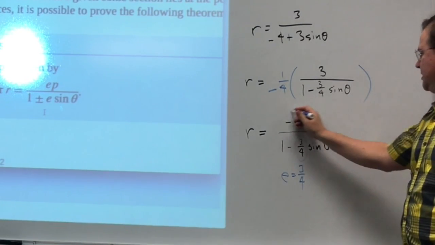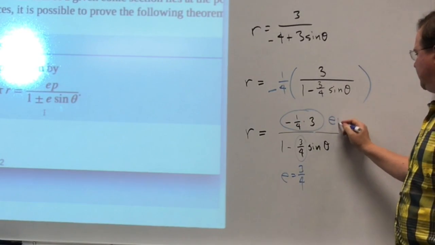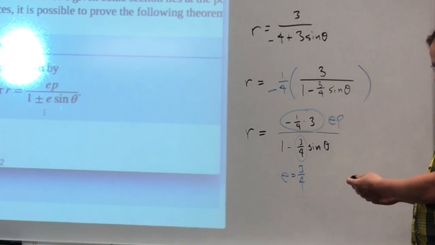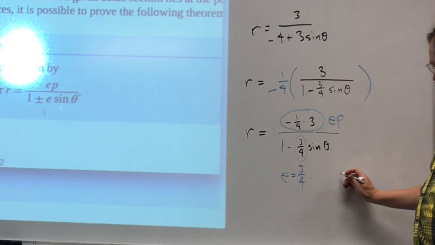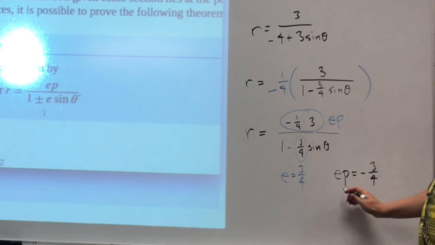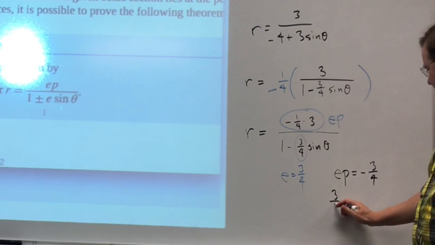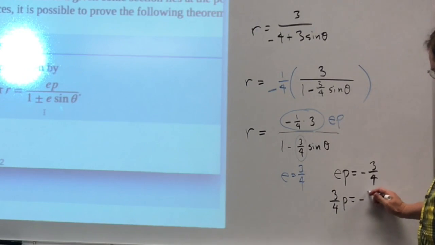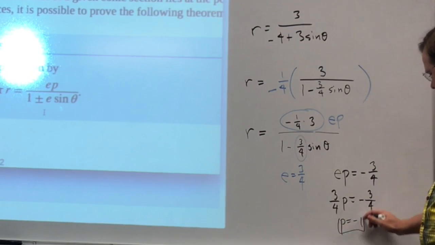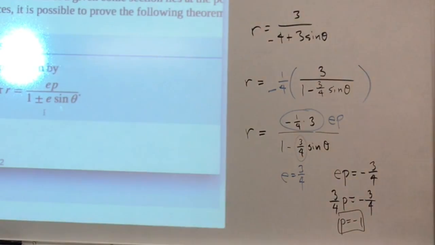And since this right here is EP, since EP equals -3/4, and since E is 3/4, I can then see that P is -1. And P is the distance to the focus.